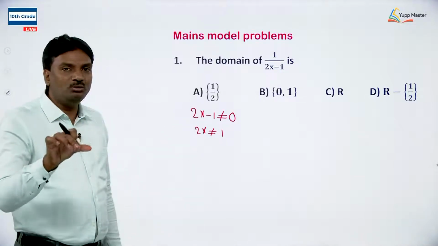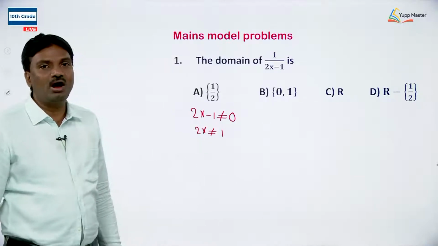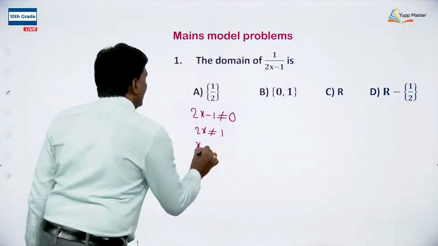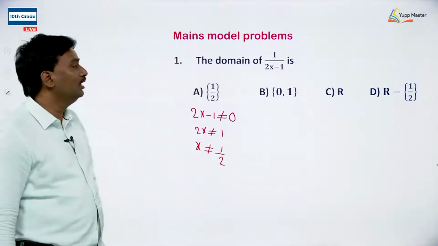But we have to find the values of x, so let us divide on both sides by 2. You will get x not equal to 1 by 2.